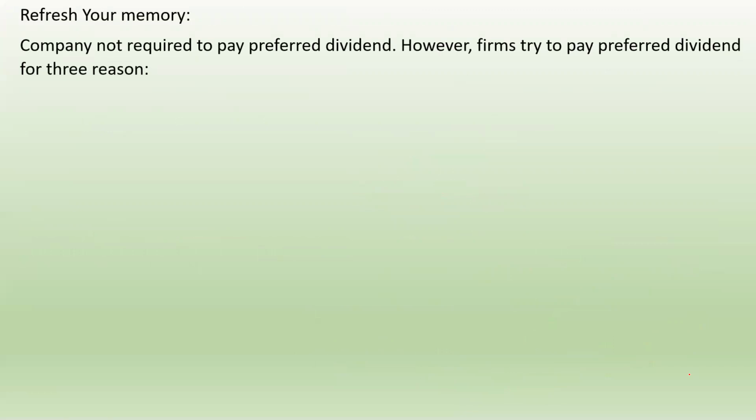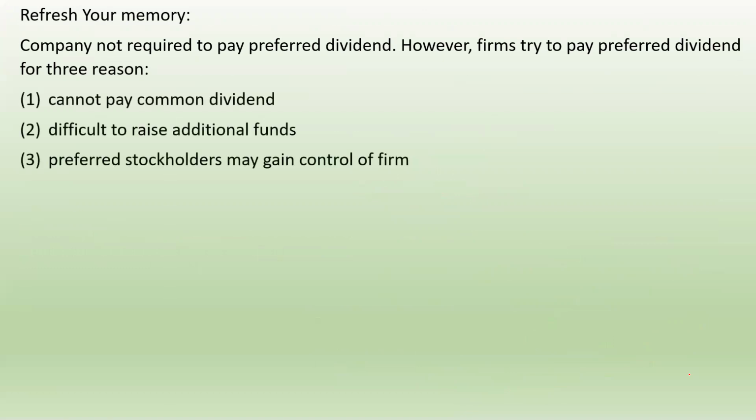So try to refresh your memory. Companies are not required to pay preferred dividends. However, they try to pay them for 3 reasons. First, if they skip the preferred stock dividend, they cannot pay the common dividend. And if investors find they frequently skip the preferred stock dividend, they will not invest in the preferred stock together with common stock of this firm.